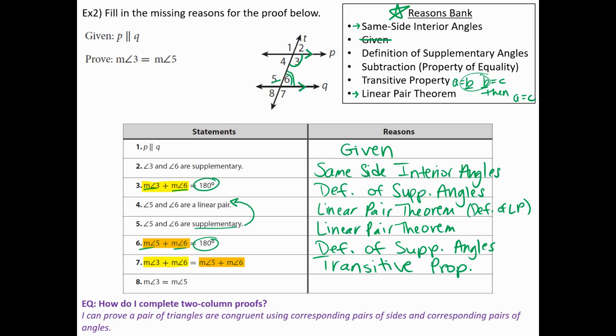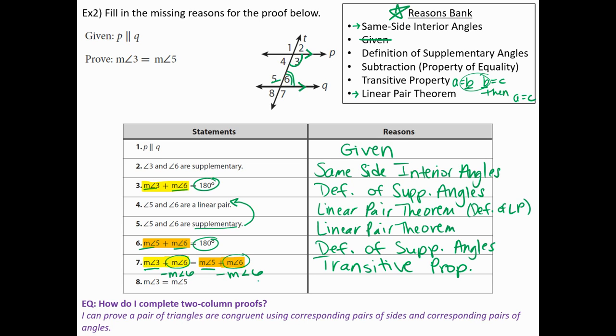Okay, then our last one, the measure of angle 3 equals the measure of angle 5. In your notes, you have an extra blank statement box. That is intentional because I'm going to sneak it in, but you can just write it in. Basically, we have angle 3 and angle 5, and then we have the measure of angle 6 and measure of angle 6. So we do something that we use in solving equations. We say, I don't want that measure of angle 6 anymore, so I'm going to subtract the measure of angle 6, but I have to do it to both sides.